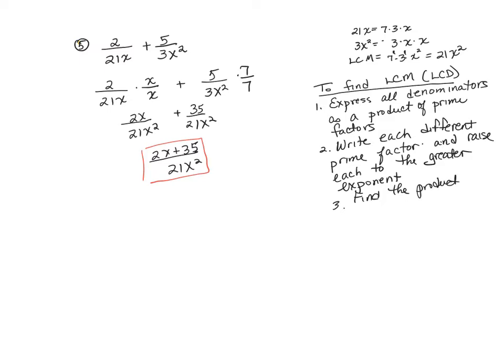So let's take a look at another problem. Number 6. Let's take a look at something that's a little bit more complicated, like x squared over x squared plus 2xy plus y squared plus 2x minus 2y over x squared minus y squared.